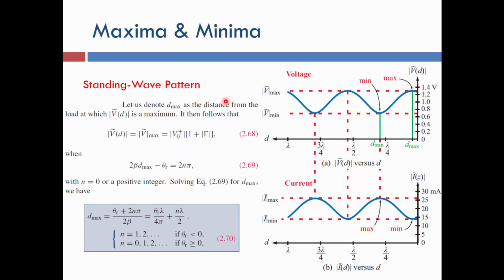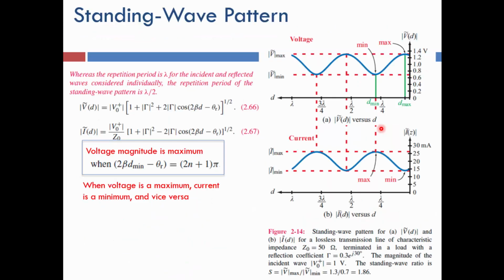Okay, so again, if we need to specify the position where the voltage is maximum and the position where the voltage is minimum, we said in previous slides the voltage will be minimum. Again, this is wrong, this should be minimum.